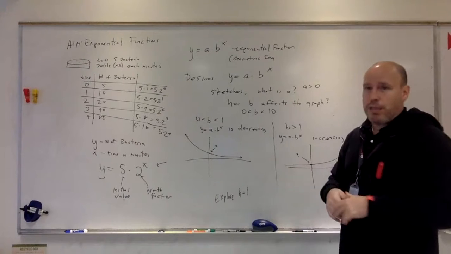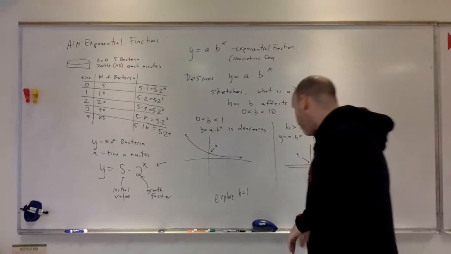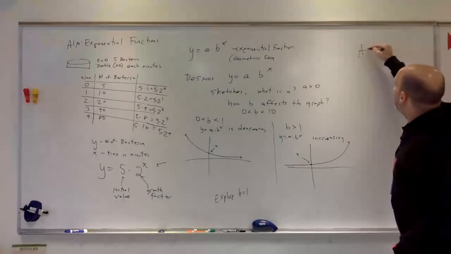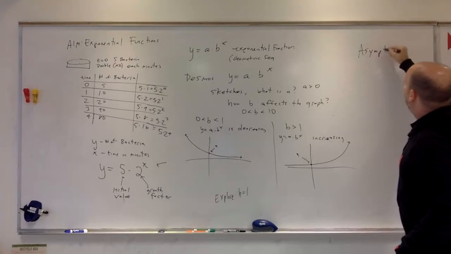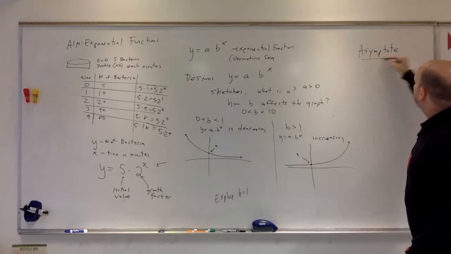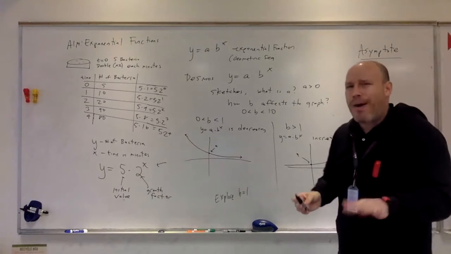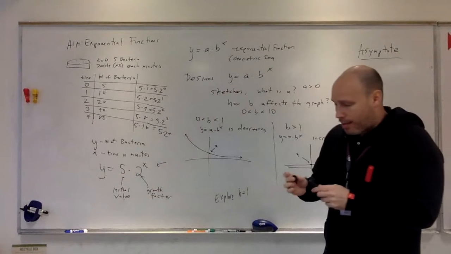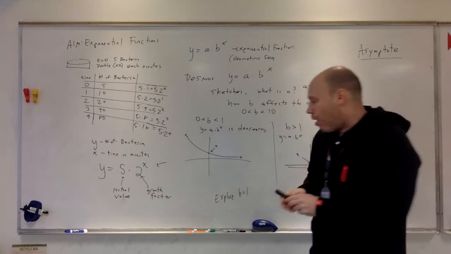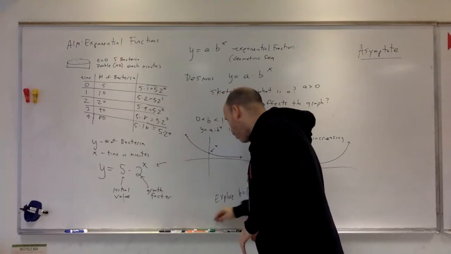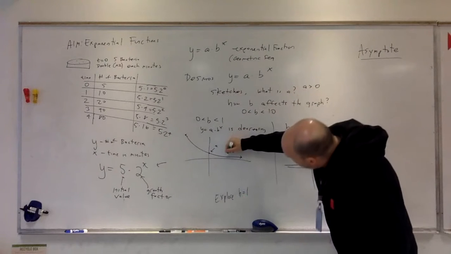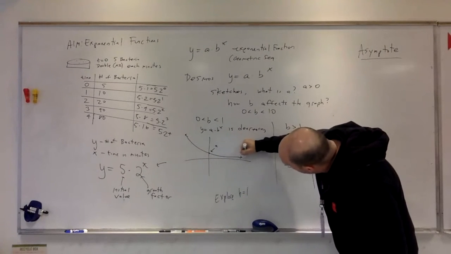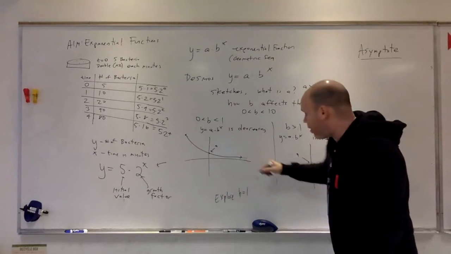The other thing you're going to notice is we're going to introduce a new term. And the new term is called an asymptote. We're not going to really talk about it in this class. If you take SL analysis next year, the idea of the asymptote is that the function comes down and it gets really close to 0, but it never touches 0.